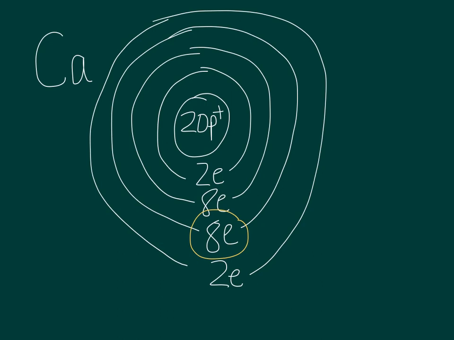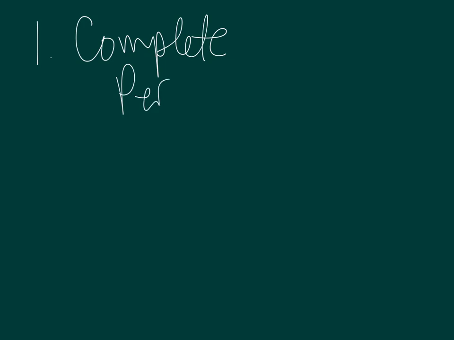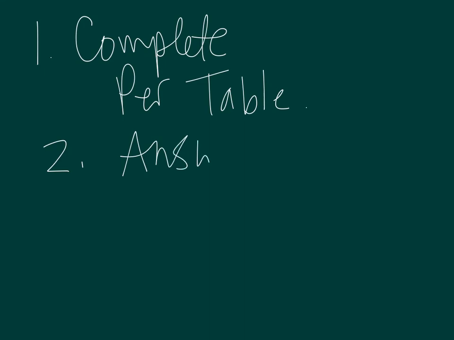So for the rest of the time today, I would like you guys to work on number 1, complete the periodic table that Mr. Carter is going to give you, filling in the Bohr model of every single element for which the atomic number is given. 2, answer any questions on the back, in particular focusing on those that ask you to identify patterns, both across a period and down a group.